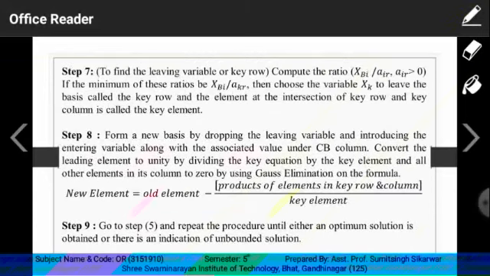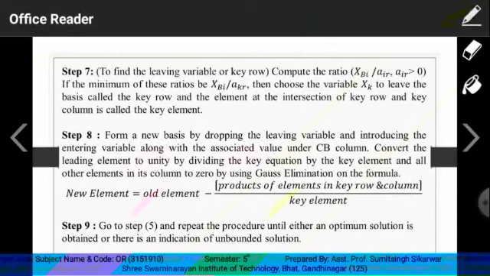Our step 7 is to find the leaving variable or key row. In this we will compute XBi divided by Air, where Air is greater than 0.